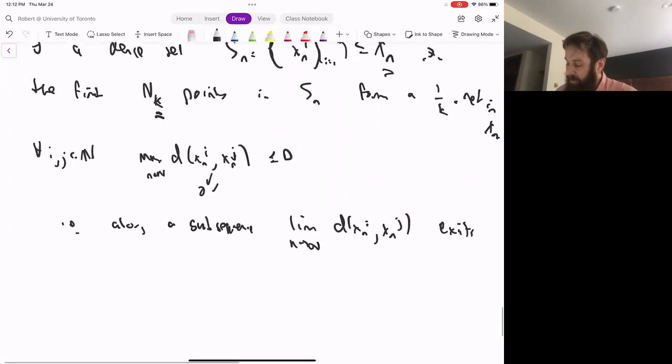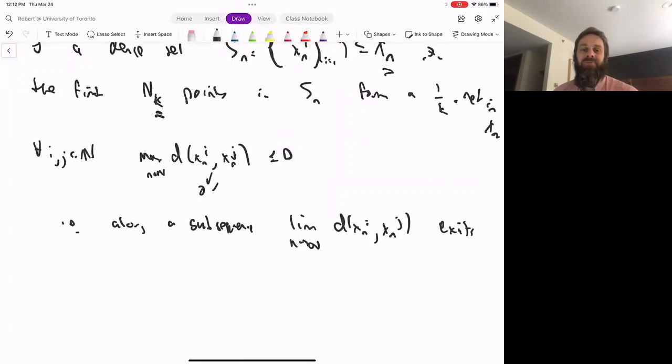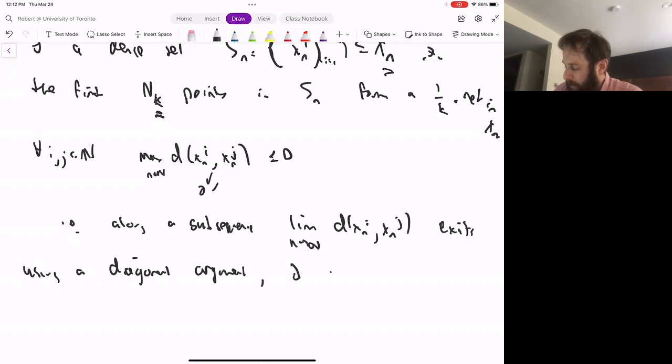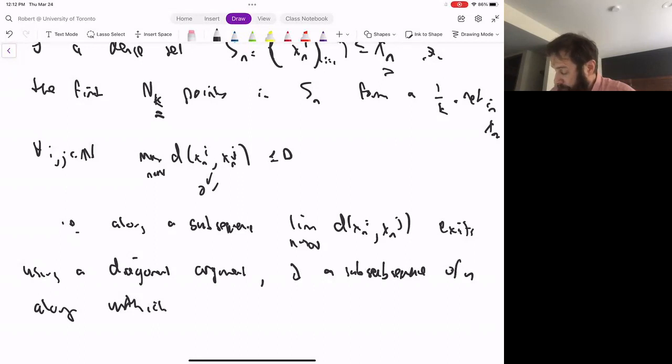And of course, the subsequence might depend on i and j, but using a diagonal argument, I can extract a further subsequence which converges for all i and j.